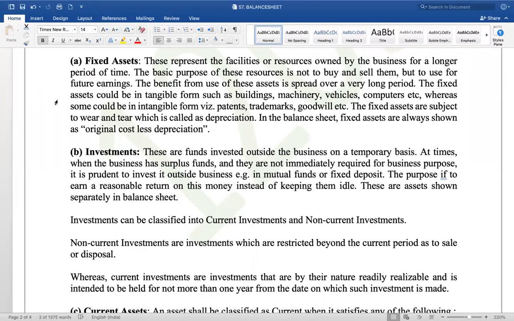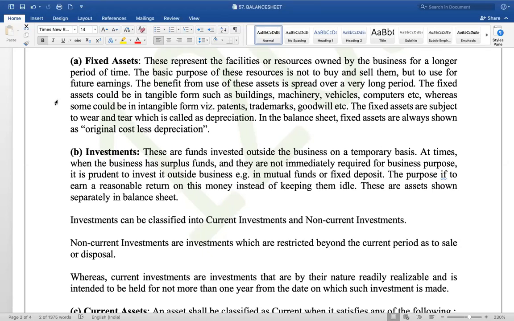Fixed investment. These represent the facilities or the resources owned by the business for a longer period. The basic purpose of these resources is not to buy or sell them, but to use them for future revenue generation. The benefit from use of these assets is spread over a long period.